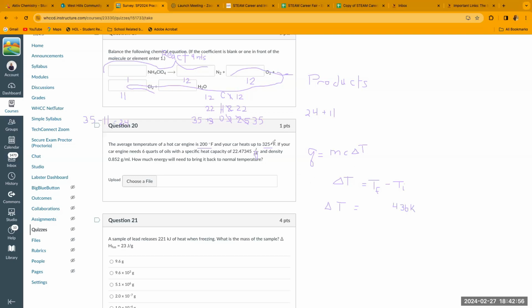Okay, so we need to change 200 degrees Fahrenheit to Kelvin. We can do that by subtracting the 32 and then dividing by 1.8, and this would change it to Celsius.